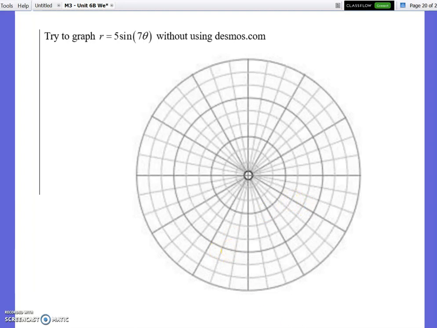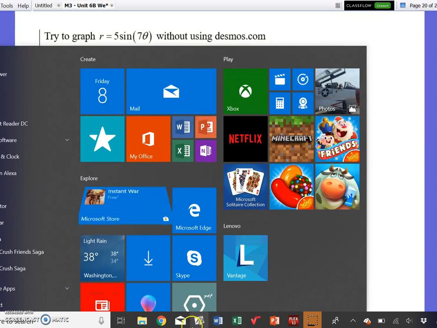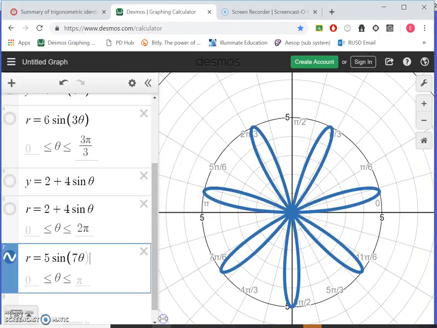Okay, so we're back here, and let's go take a look at Desmos and see what I was able to create. So I have 2 petals in quadrant 1. They're fairly skinny. And then 1 in quadrant 4, 1 on the x-axis, 1 in quadrant 3, and then 2 petals here.